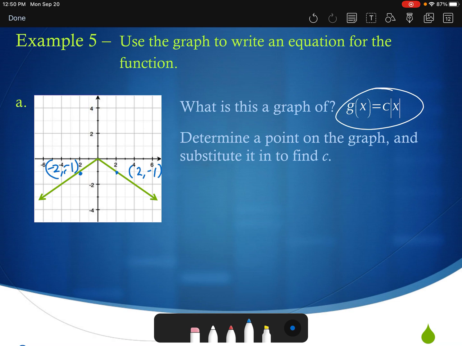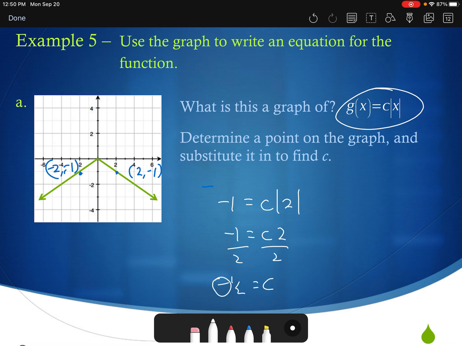Okay, so there's no vertical shift, there's no horizontal shift. So it's a shrink, or it's a stretch. So we're going to put -1 in there, and then our constant, and then our x. And in this case, x was 2 or -2. And we get C to be -1/2.